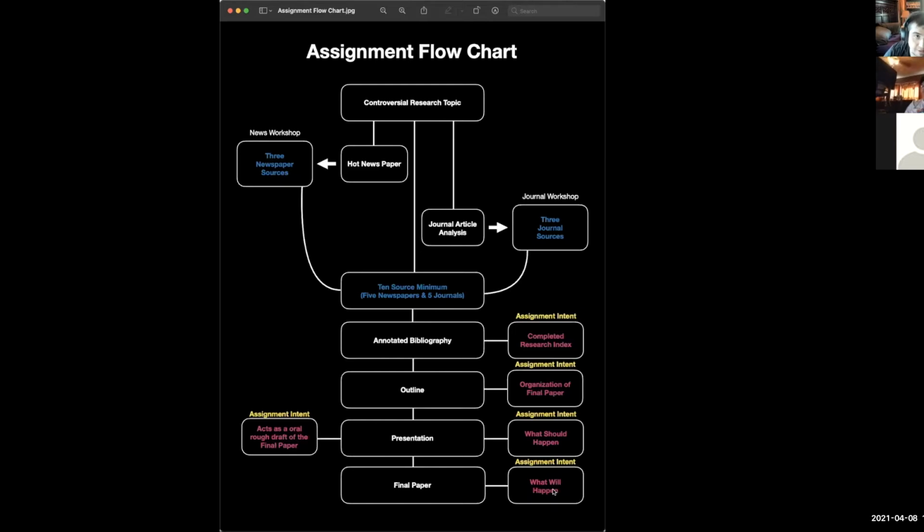You're making an educated projection of what will happen in this topic. This is where you get to the grad schooly part of the final, being able to make an educated projection for your given controversial research topic.